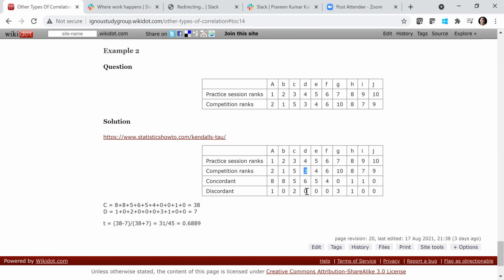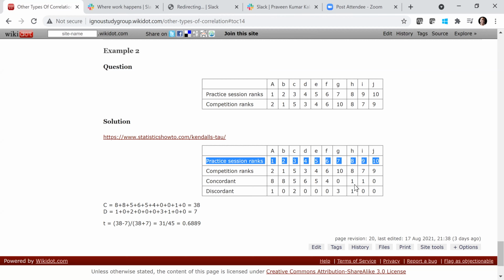Okay. So here, the practice session ranks are already in ascending order. So that's why we don't have to touch the competition ranks. The practice session order is what you're going to order, right? Basically, now here it is already in ascending order. That is why we don't have to jumble the competition ranks also.